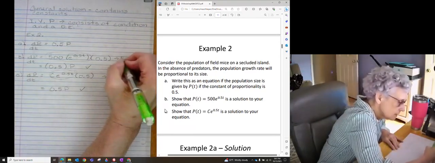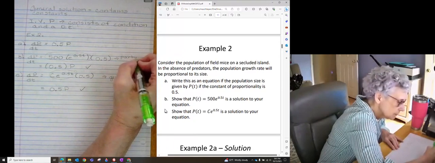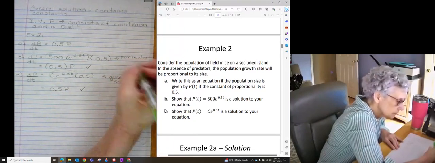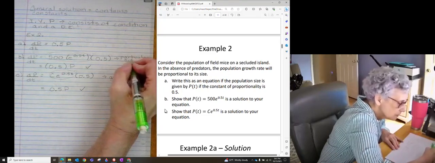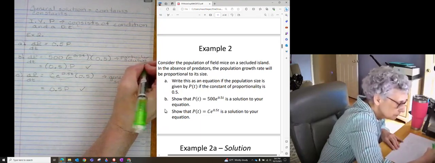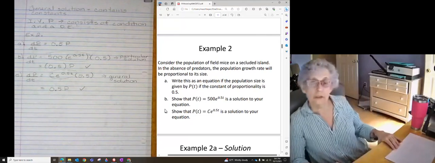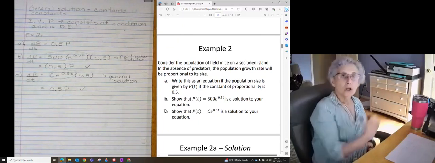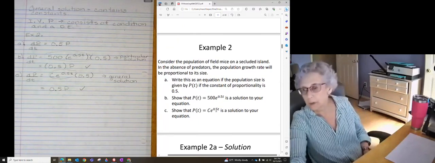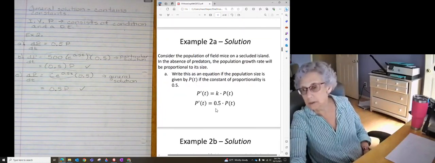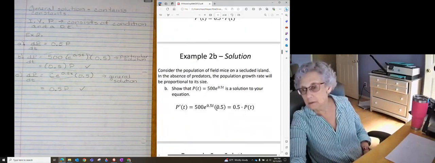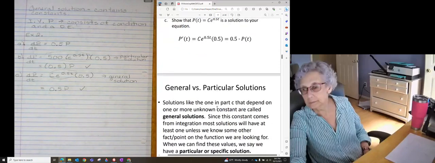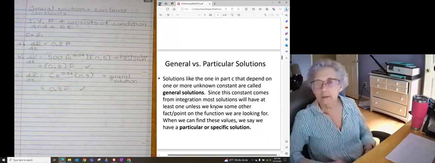This one is a particular solution, or a specific solution. Usually you get your particular or specific solution from the initial value. So here are the definitions.